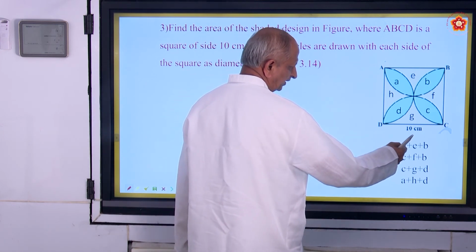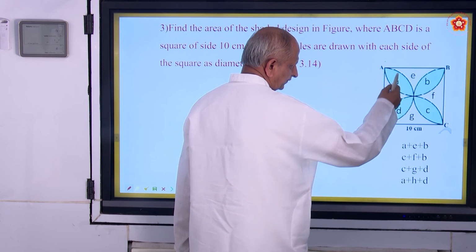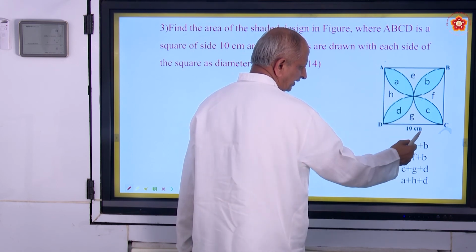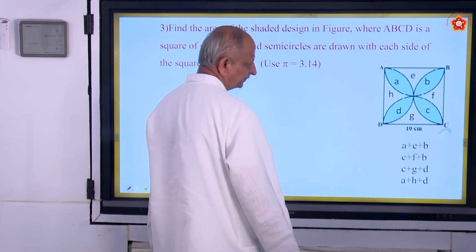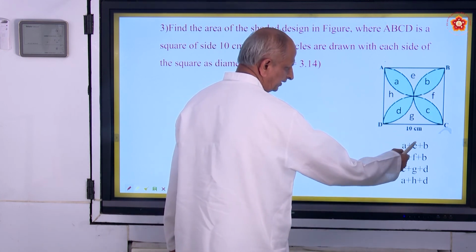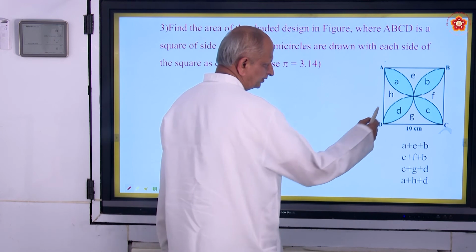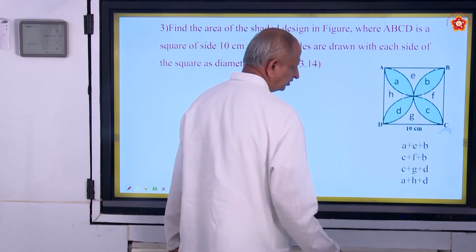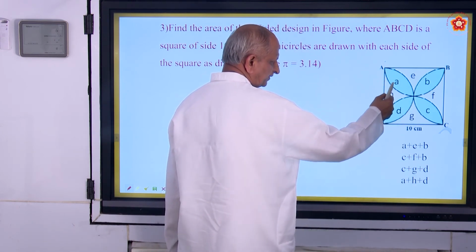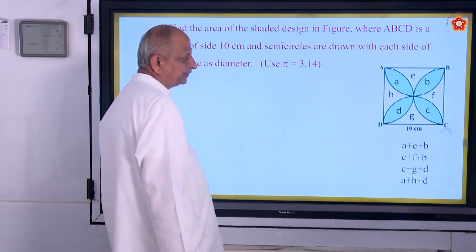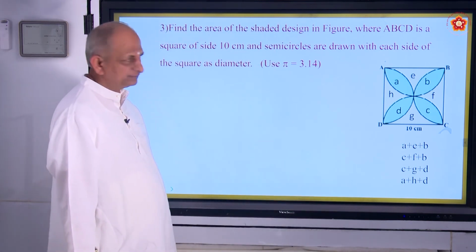So first semicircle will be AEB, A plus E plus B. Second semicircle will be C plus F plus B. Third will be C plus G plus D. Fourth will be A plus H plus D. They are the 4 semicircles.